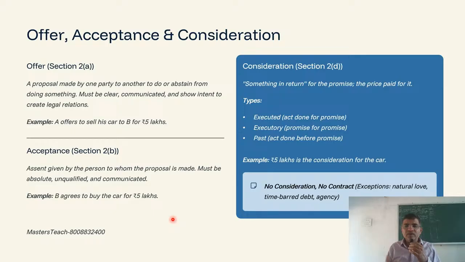Example, 5 lakh is the consideration for the car. So no consideration, no contract. There should be a payment for there to be a contract. There are exceptions, such as natural love and affection, time-barred debt, and agency. Otherwise, no consideration, no contract.